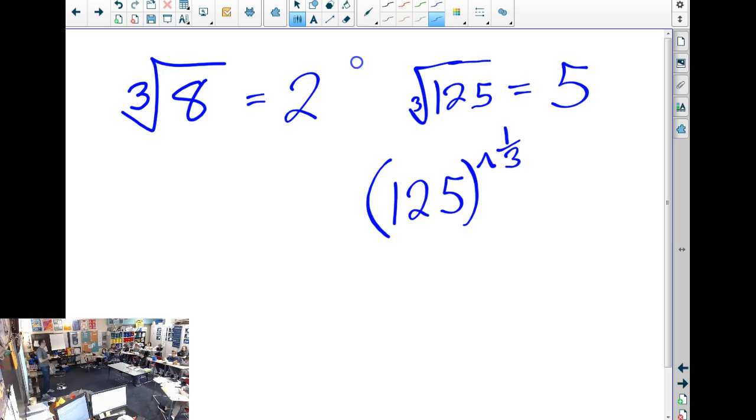Power of a third. In your calculator, once you hit the caret, I would advise opening a parentheses and putting your power in parentheses, but try that. Do 125 to the power of 1/3.